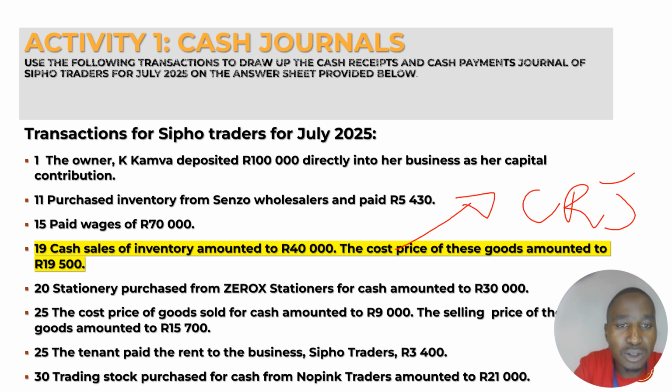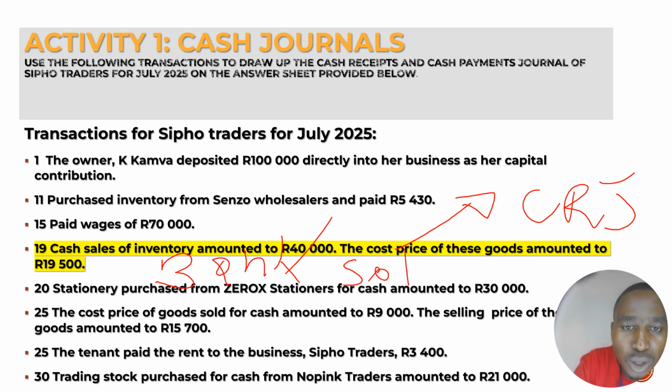Now, the accounts affected, number one, will be bank. Bank will be affected because we'll be receiving money in return. And what are we receiving money for? We're receiving money for sales. So the second account affected will be sales. And then because you are doing transactions for a trading undertaking business, there is always a cost price for every sale that we are making.